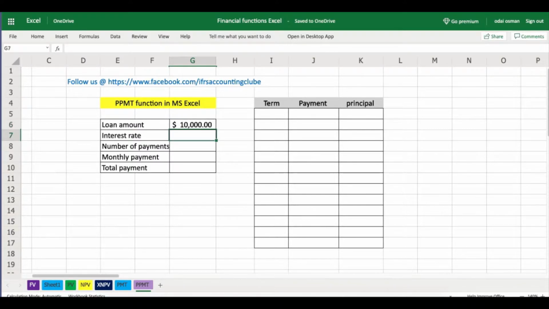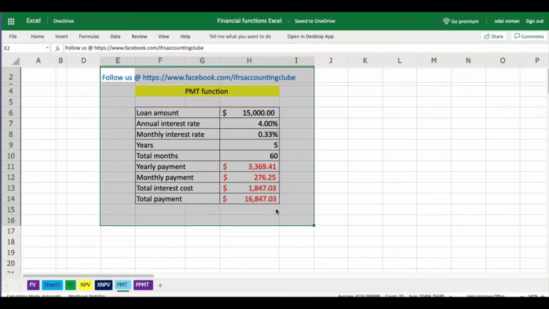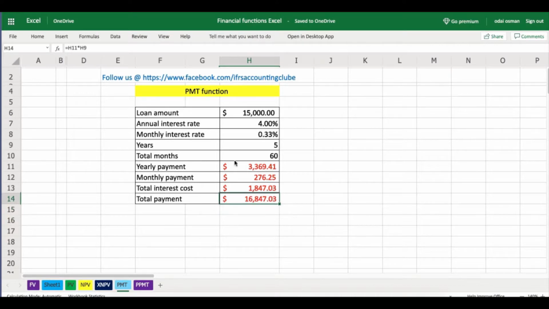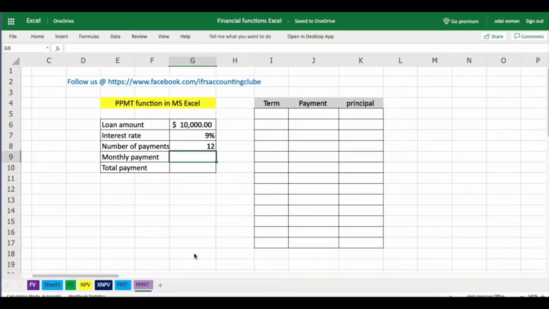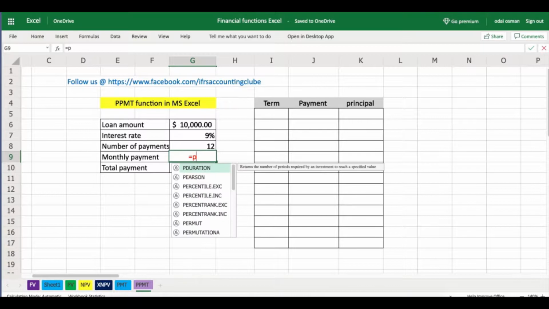Let us assume 10,000 as the loan amount, and the interest rate is 9%. The number of payments is 12 terms, and we need to calculate the monthly payment. The monthly payment, as we calculated in the previous video on the PMT function, is equal to the PMT function.